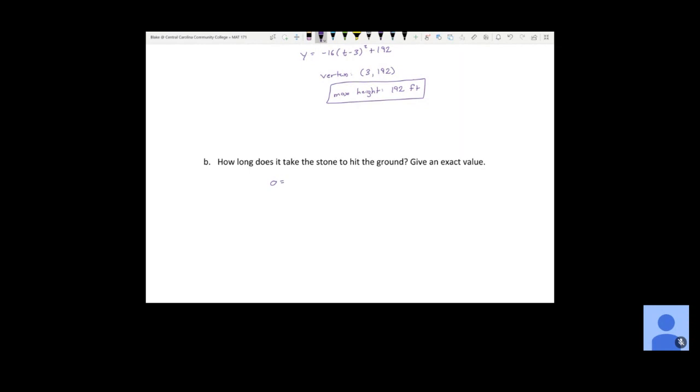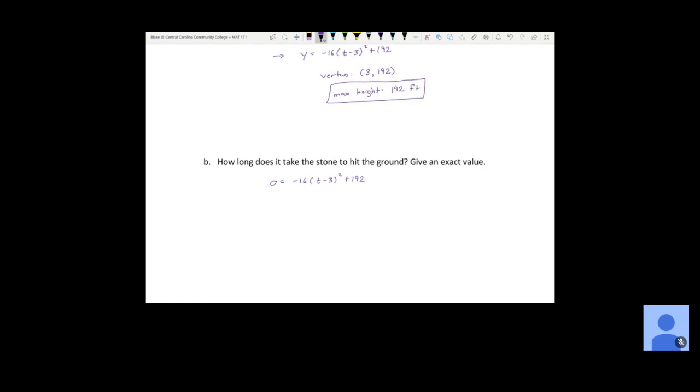Now, the easiest way to do this, we've already got this standard form up here. I'm going to set that one equal to 0. So this is going to be negative 16 times t minus 3 squared plus 192. Now, you could technically go all the way back to the original. You'd have to use quadratic formula because that doesn't factor.